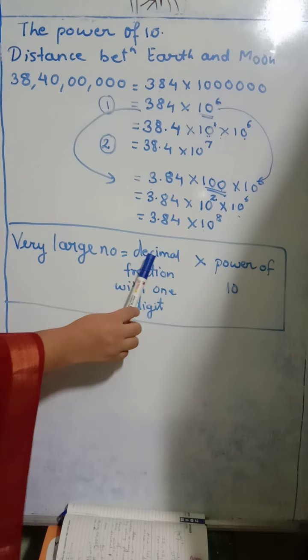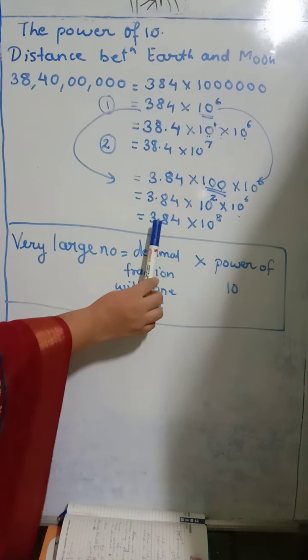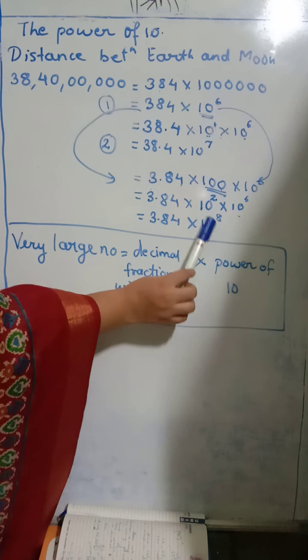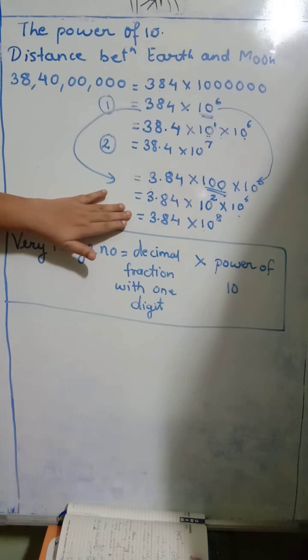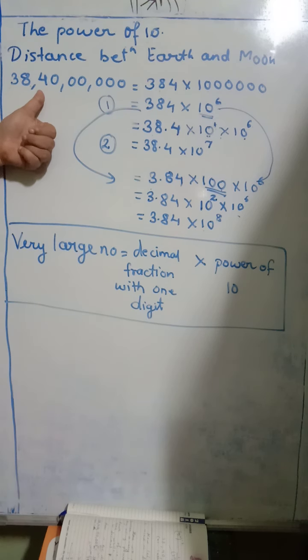Did you understand? A decimal fraction with one digit into a power of 10. So a very large number can be converted to a very small number, and this is known as the standard form of the number.